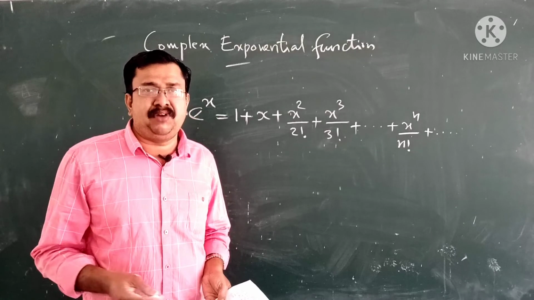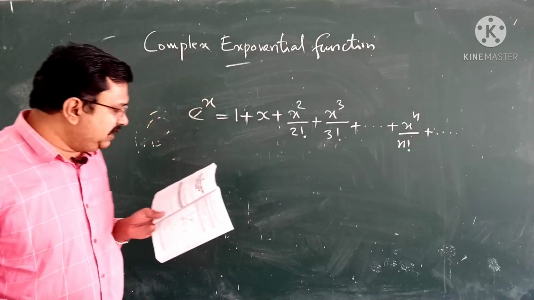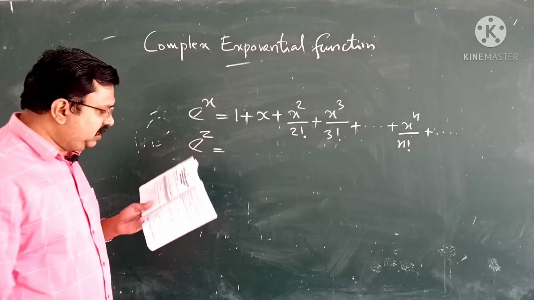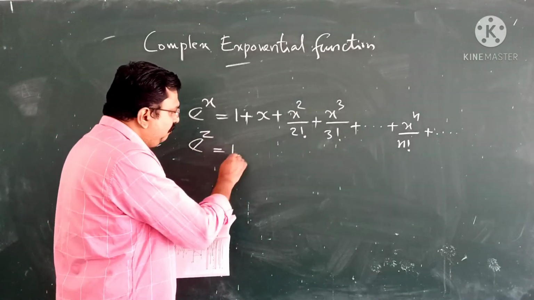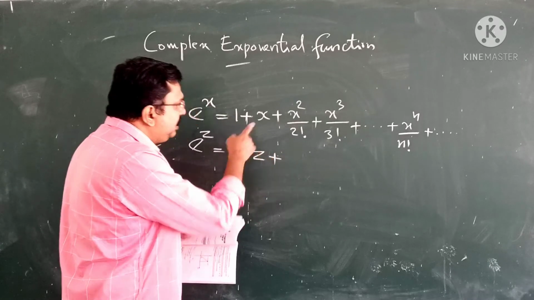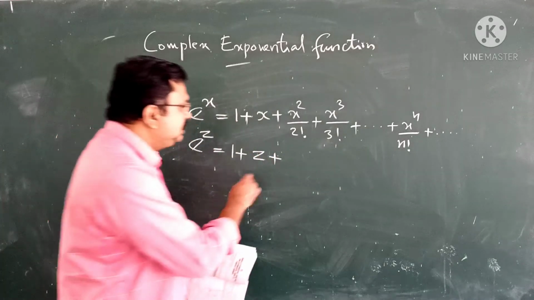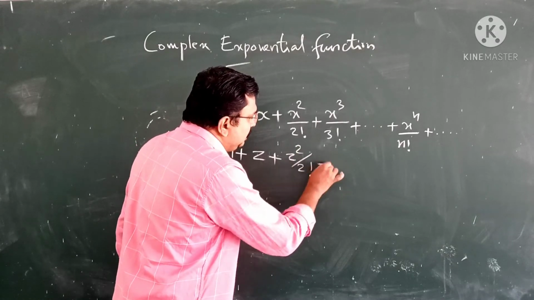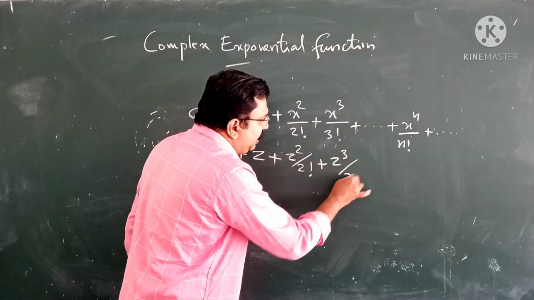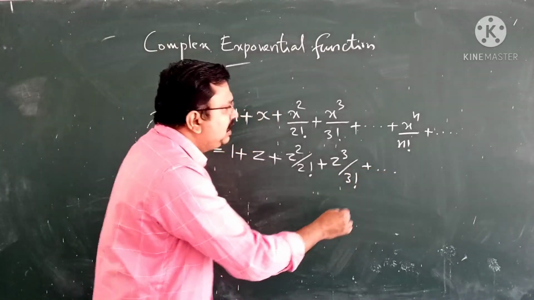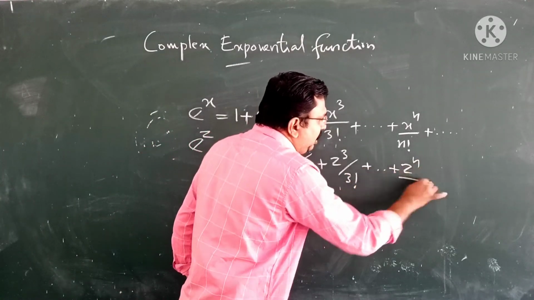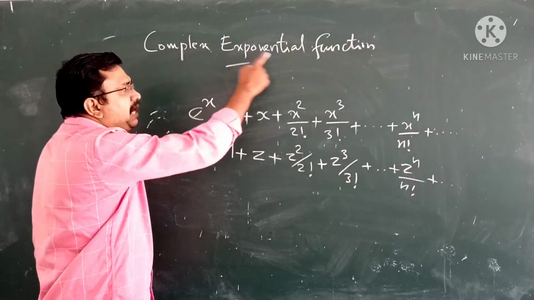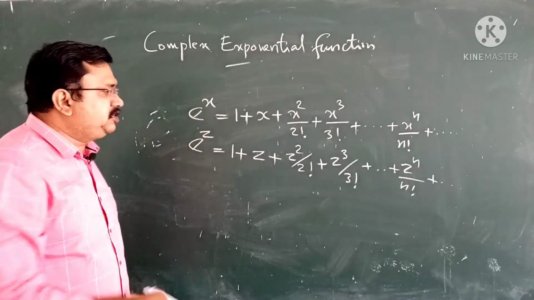The complex exponential function is denoted by e raised to z. e raised to z equal to 1 plus z, where x is replaced by z, plus z square by 2 factorial plus z cube by 3 factorial plus etc., z raised to n by n factorial plus etc. This is our complex exponential function e raised to z.